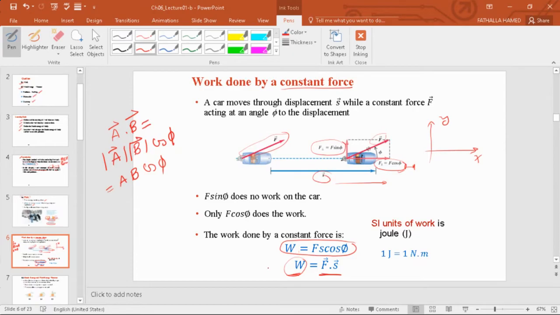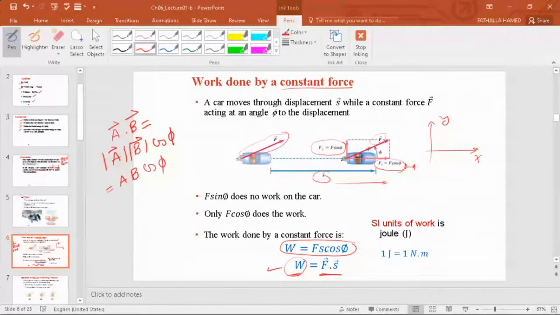So when you have a constant force, that will be the definition of work. Work will equal F dot S, which will equal the magnitude of F times the magnitude of the displacement times cosine phi, where phi is the angle between both of them.